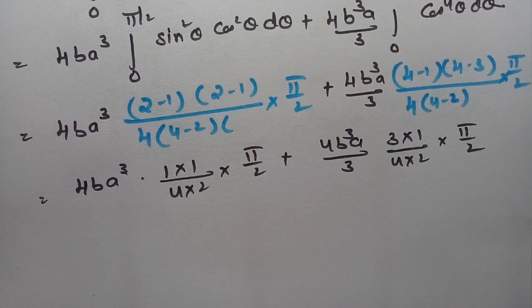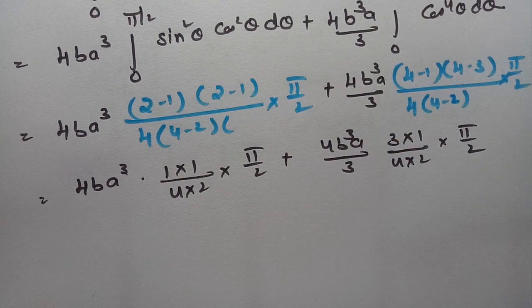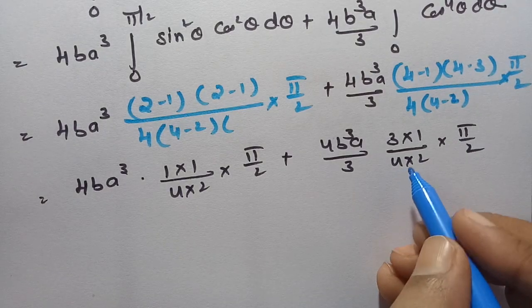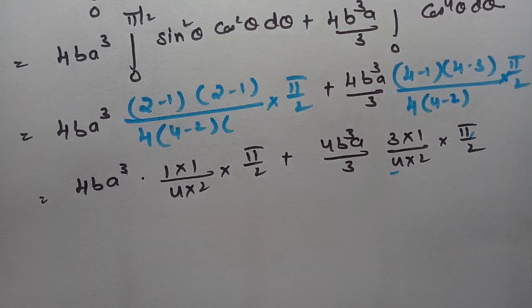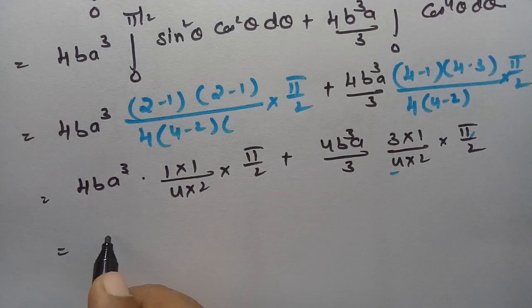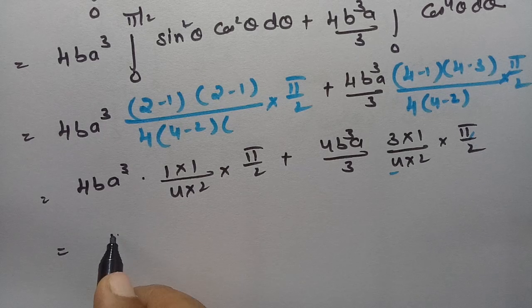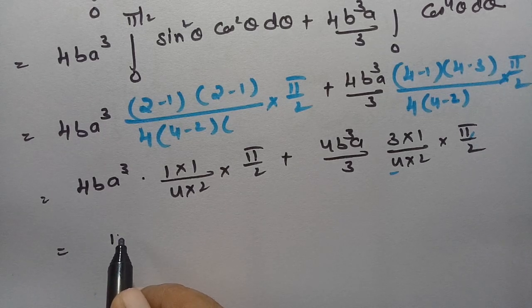Now I have to cancel all these values. So which values have to cancel? So if I cancel all these in between, I can take this pi by 4 common, and ab common. If I take certain things as common, what do I have to take common?